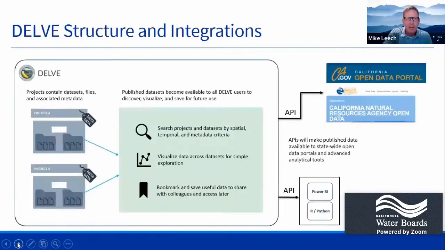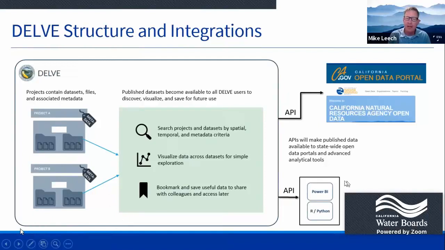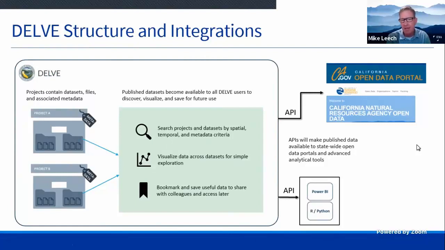Next slide. I just wanted to give you a quick overview of the Delve structure and integrations. Laura is going to be elaborating more on this in her demo, but the Delve system provides a mechanism for users to add new projects into the system. Projects include data sets, files, and equipment information, and there's metadata associated at all of these levels.